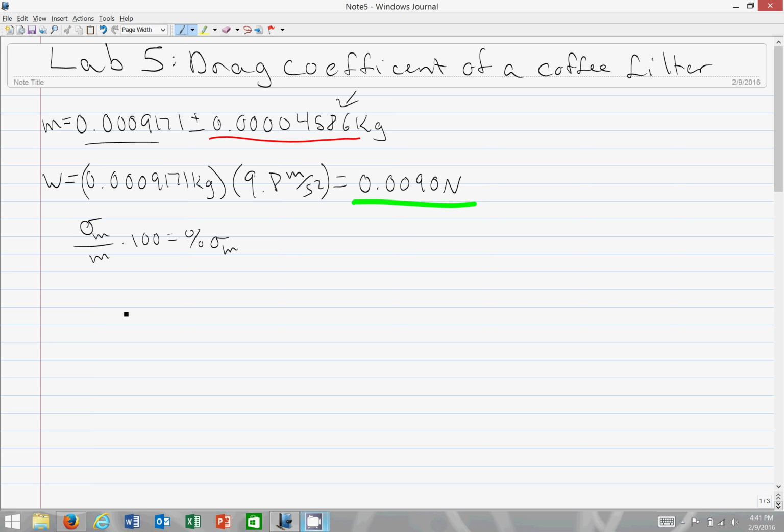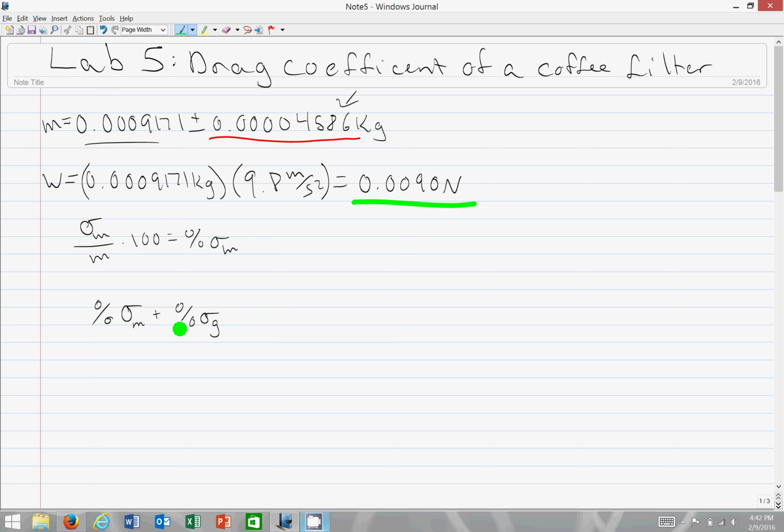So the error for my weight is the percent uncertainty of my mass plus the percent uncertainty of G, which in this case is 0.